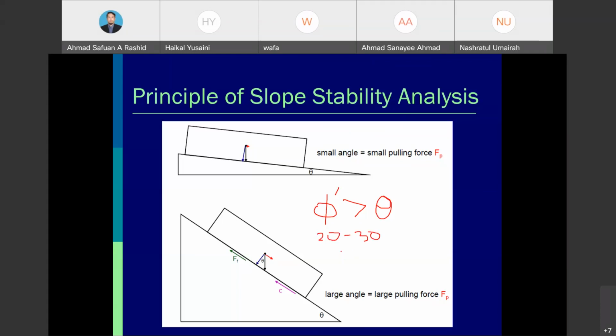So that's why a slope of 1 to 2, which is 26 degrees, can be considered a stable slope condition. For a large angle, it can produce a large pulling force.